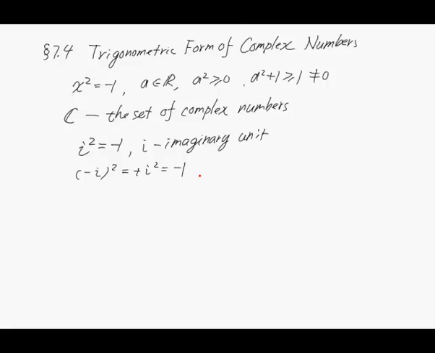Then after we define this imaginary unit, we can define a complex number. A complex number is just an expression of this form, a plus bi, where a and b are real numbers.